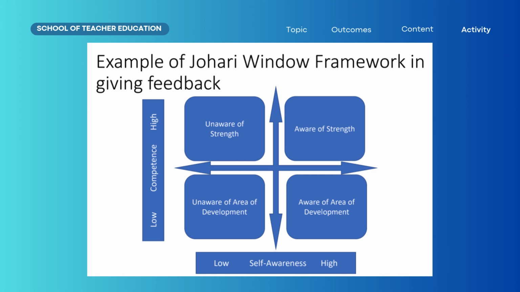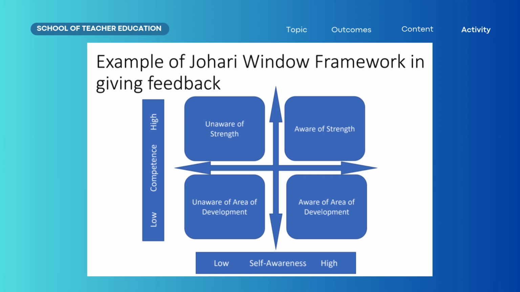So, this is a Johari window framework for giving example, in which we say that if we promote high competence and of course high self-awareness, the student will have a fulfillment of the awareness of the strength.